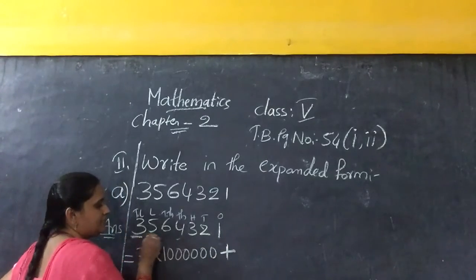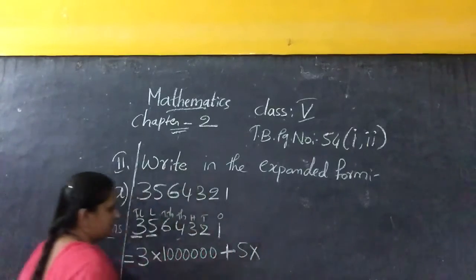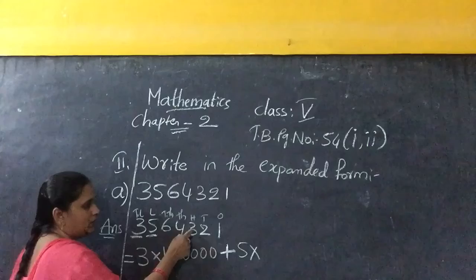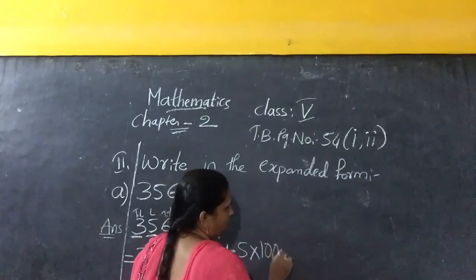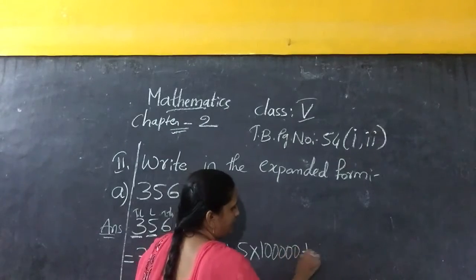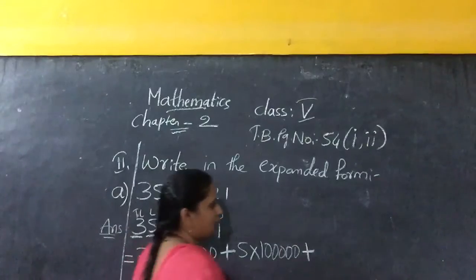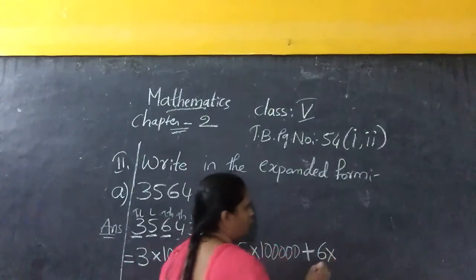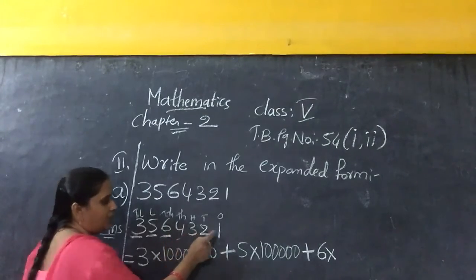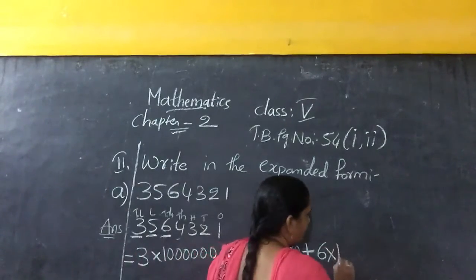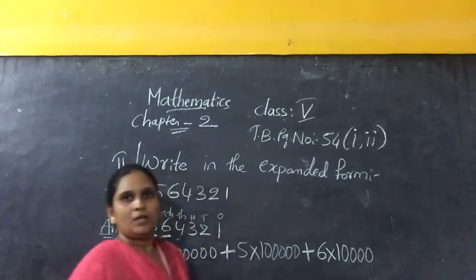Next the number is 5. So 5 into 1 followed by 5 zeros. Put a plus symbol. Next number is 6. So 6 into 1 followed by 4 zeros.